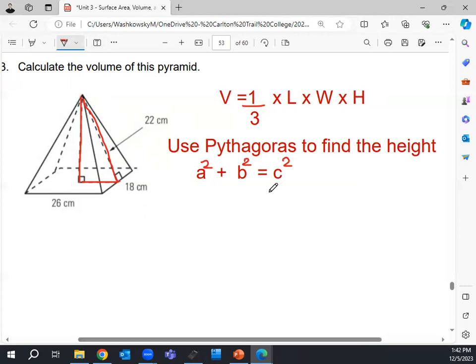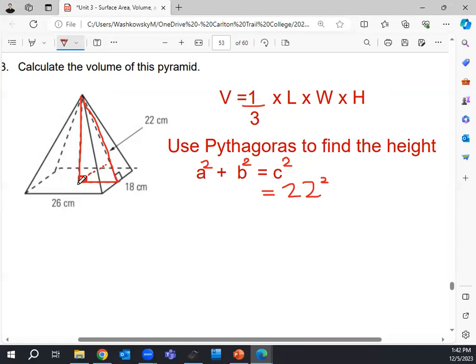So what's my c squared in this case? It would be 22, because in my right triangle, this is my hypotenuse. So I already know what the c squared is. It's 22 squared. What about this bottom line here? What's the length of this red line? It would be 26.